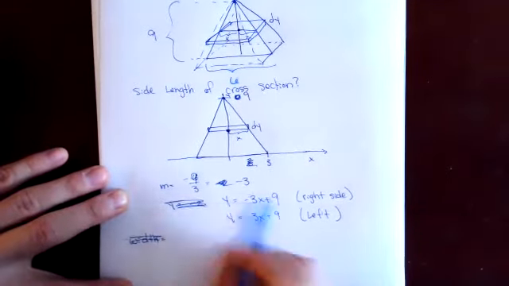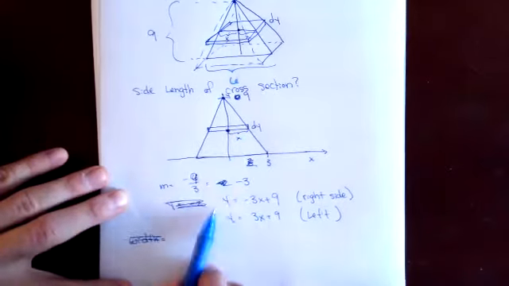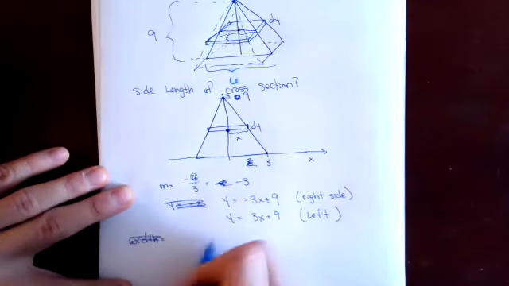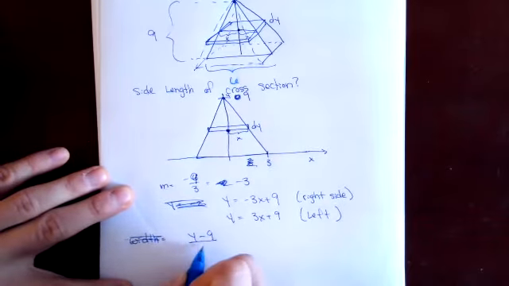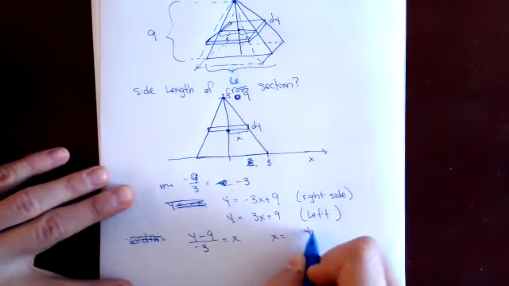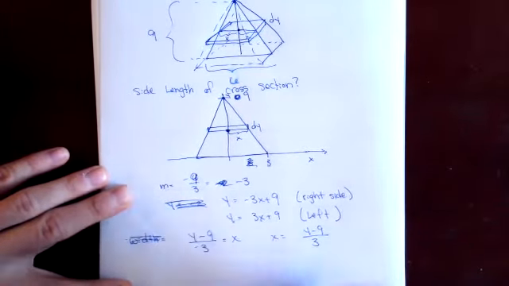We should probably solve each of these lines in terms of x because we need all our functions in terms of y. So the first function, what do we get? We'll have y - 9 all over -3. And x equals y - 9 all over +3 for the other one.